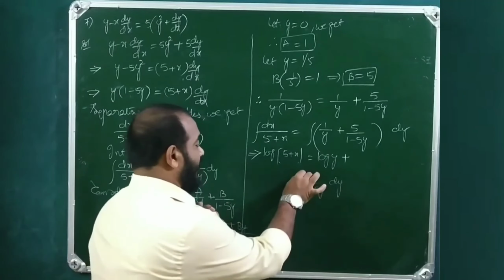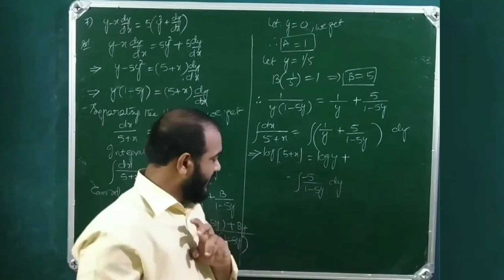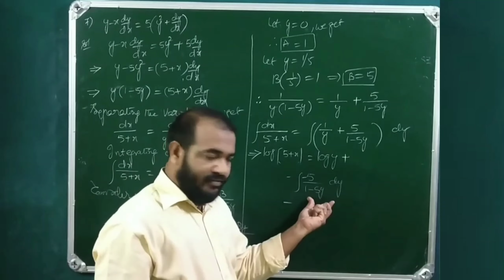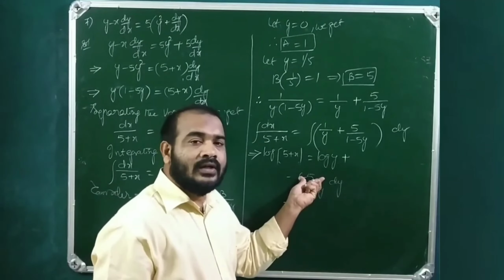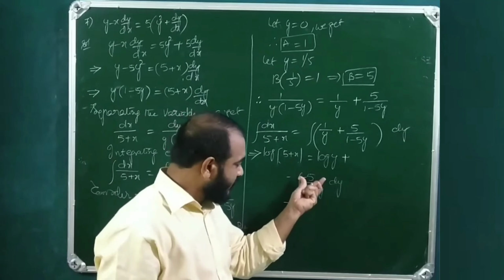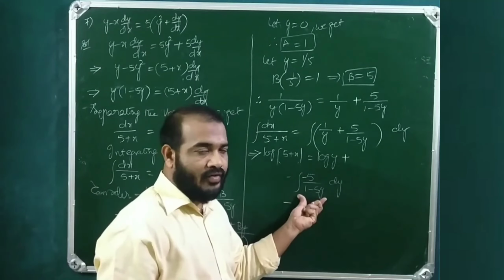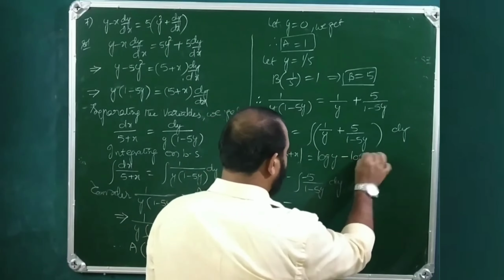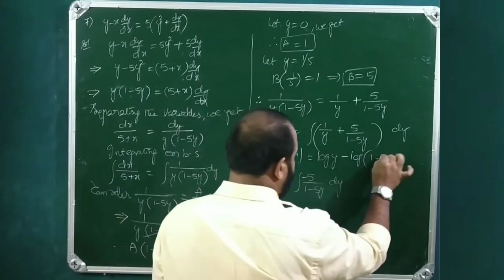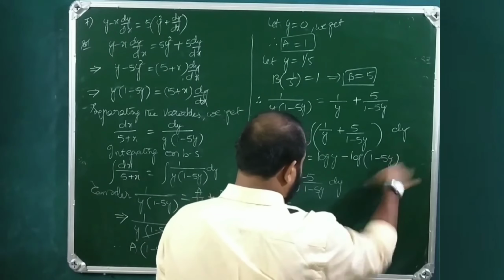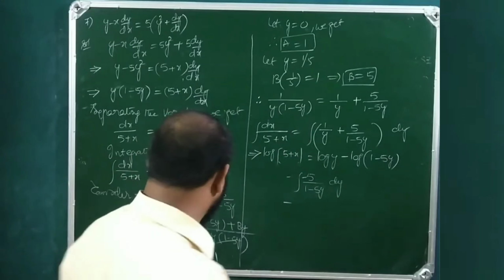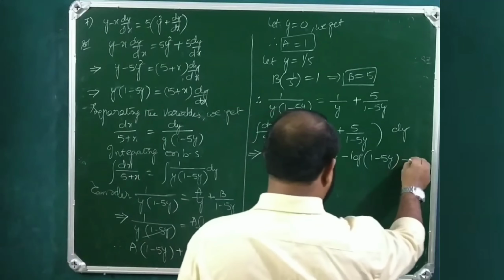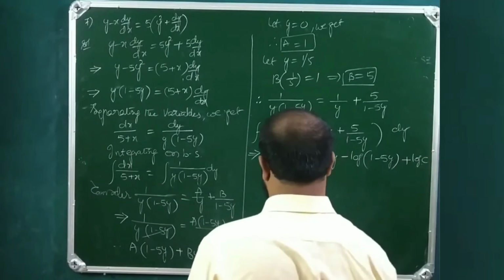Therefore minus 5 is what I require, so minus of minus I will write. So this is minus, as the derivative of 1 minus 5y is situated on the numerator, this is f dash y by f of y, log f of y. So this is minus log (1 minus 5y), plus constant of integration, log c.